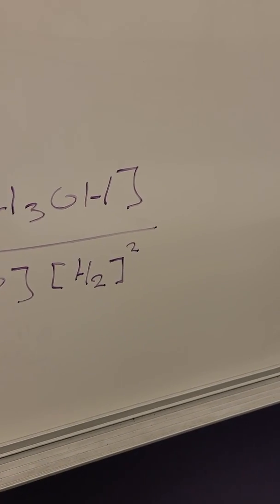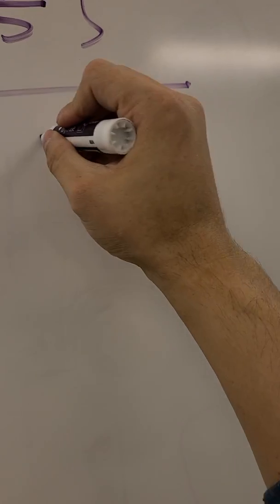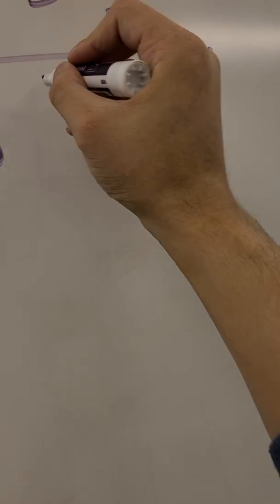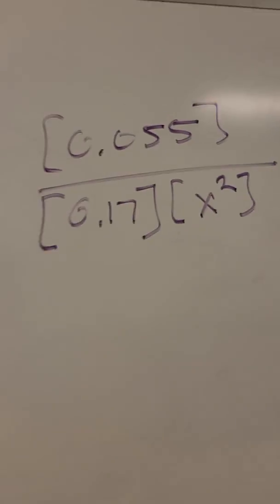We don't know what H2 is, so I'm just going to put an X here, and I have to remember to square it. So at this point, we're looking for X, and we basically have our entire equation.